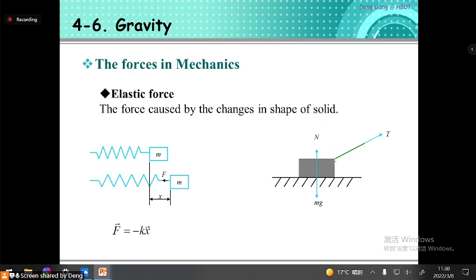If you use a rope to drag this block, the tension in the rope is a kind of elastic force, because the rope wants to go back to its original length. So that's why the tension appears.